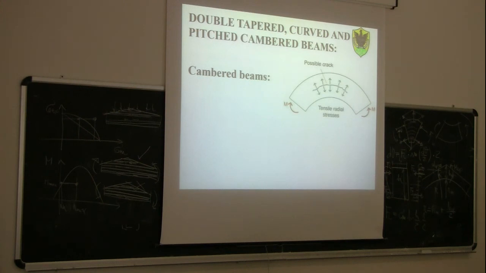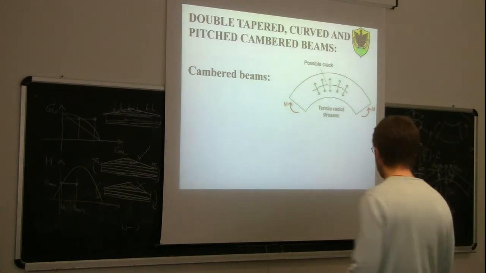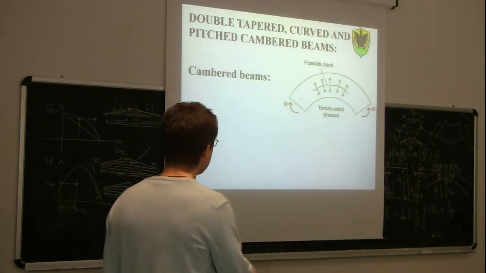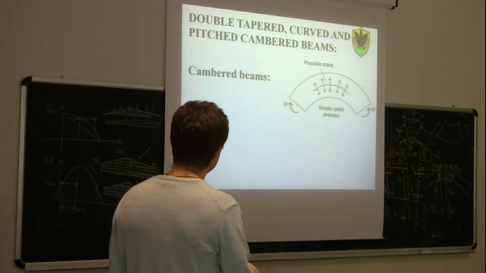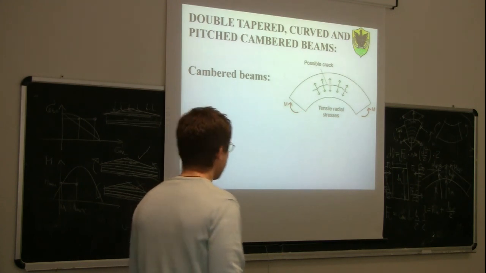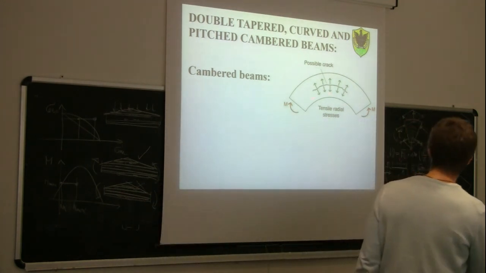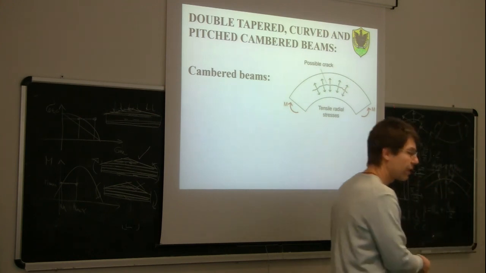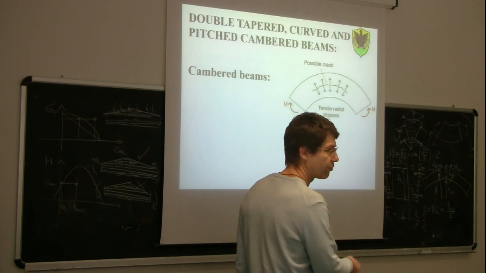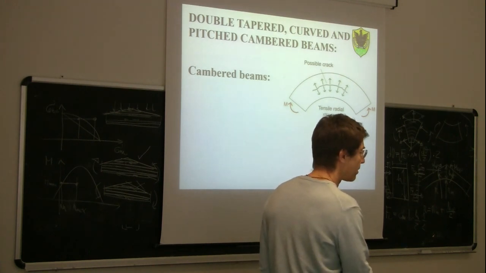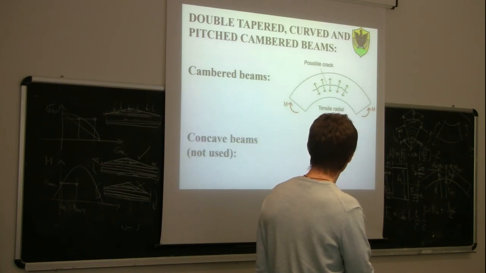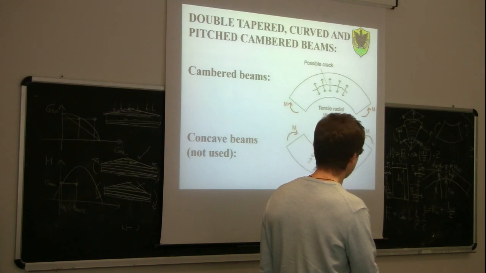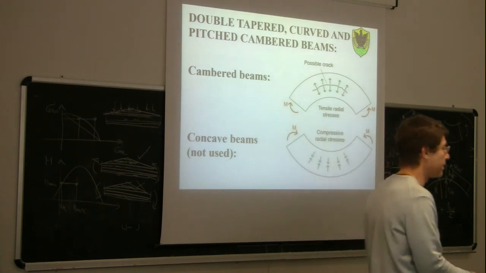Of course, there is a bit more if you want, just to know that these phenomena are taken into account. The most important thing is the concept shown here. If you have a curved member subject to positive bending moment, you can expect to have possible cracks due to tensile stresses perpendicular to the grain. In the case of a concave beam, which is however not used, you would have compression perpendicular to the grain.